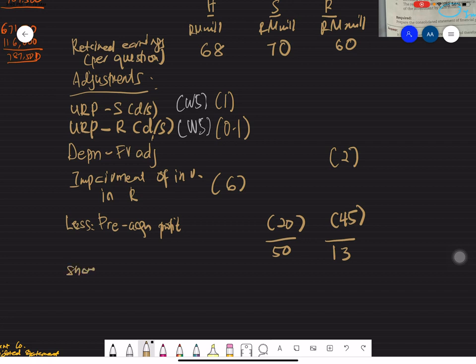Share of profit in S, which will be included in the accounts of H. So 50 times 80%, H owns 80%, so out of the profit that can be distributed, H will take 80%, so it will be 40 here. So it goes into the column for H.